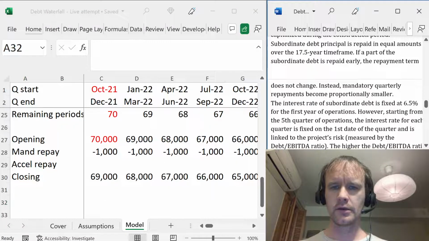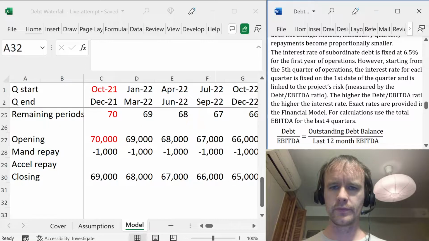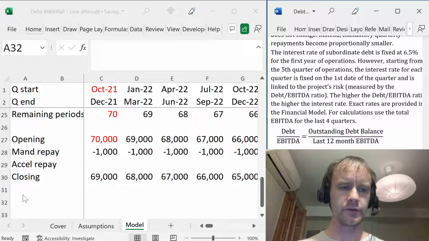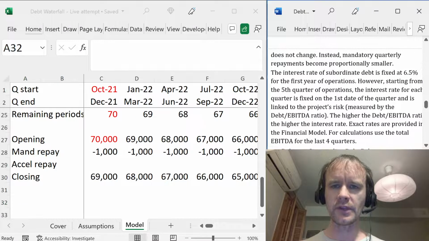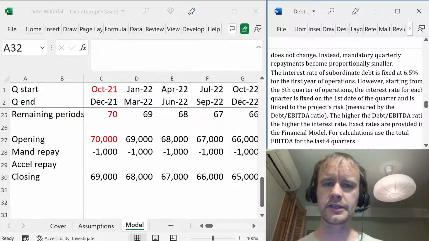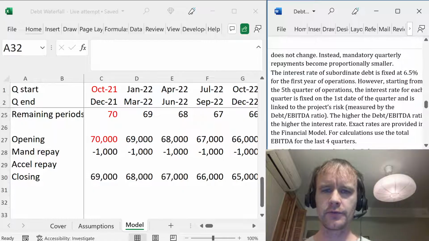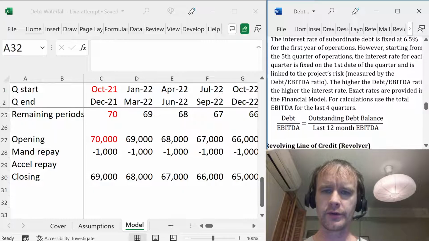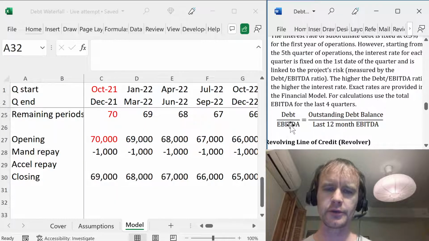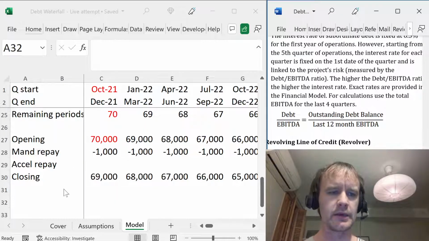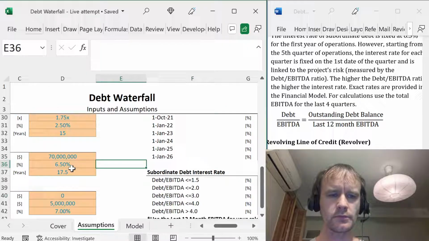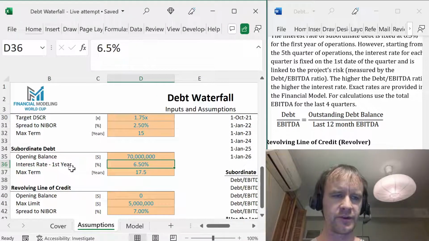Then, oh yeah, the interest on this one is funky. The interest rate of subordinated debt is fixed at 6.5% for the first year. Starting from the 5th quarter, it is adjusted based on risk as measured by your total debt over EBITDA. So 6.5% for the first year.